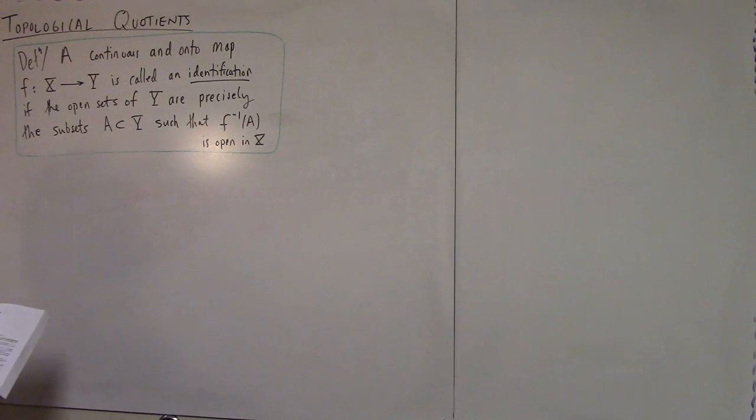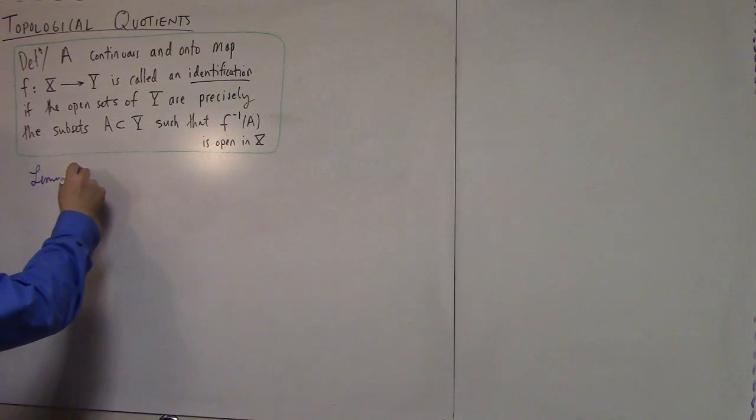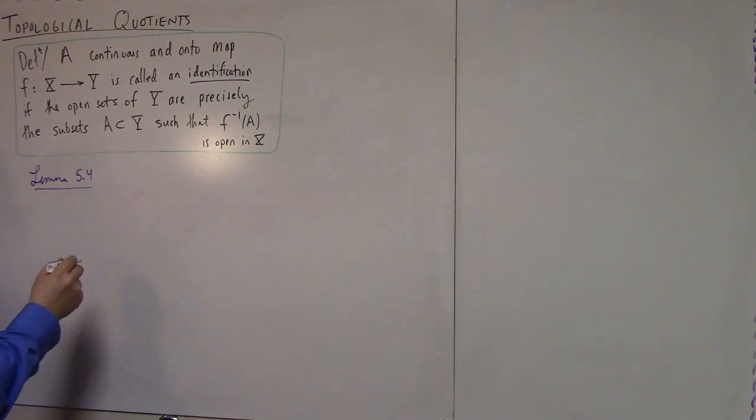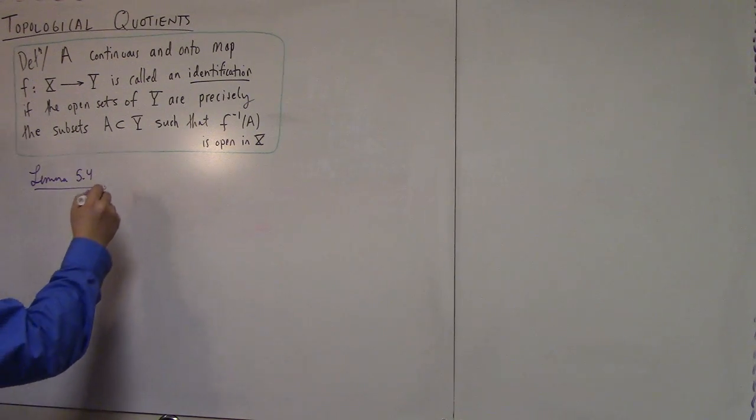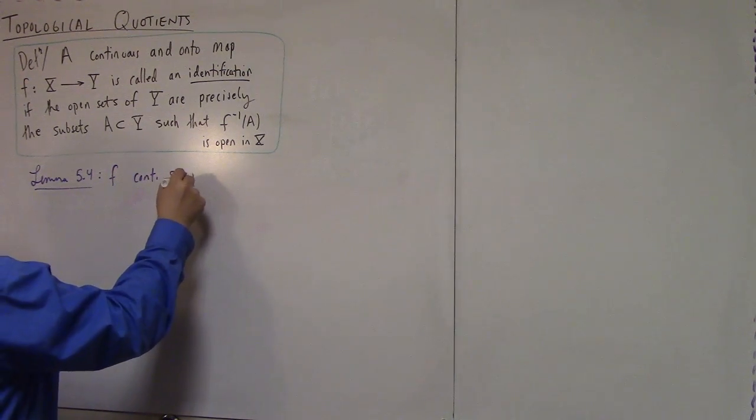And that's okay. Lemma 5.4. There is something I do want to say to you guys today, so I'll make sure I get to it. Lemma 5.4. Let F be a continuous surjection.